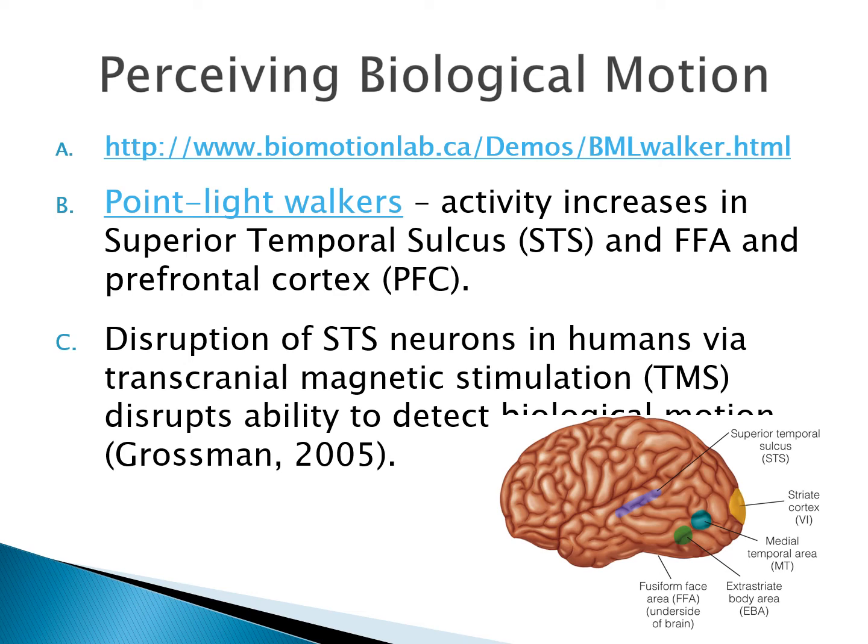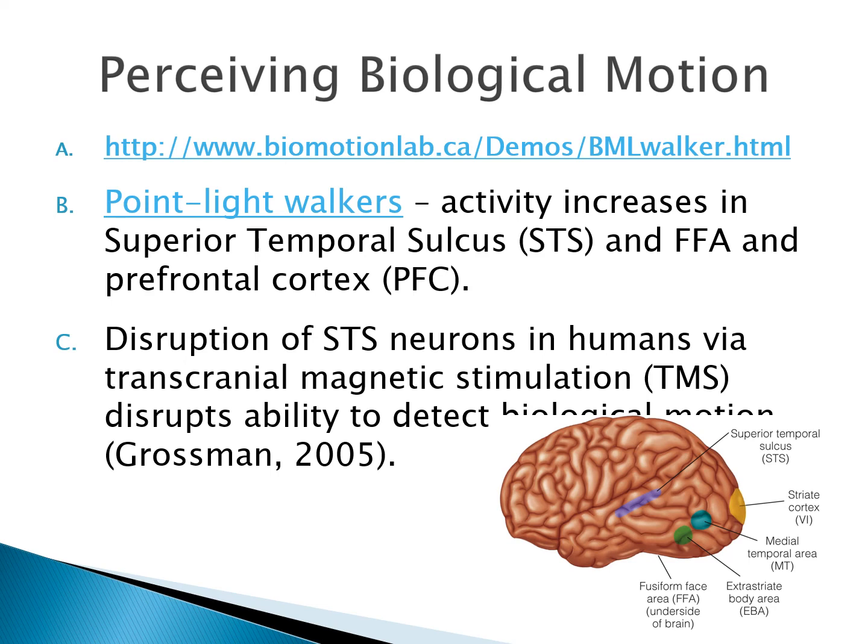This is basically putting a magnetic coil over someone's brain, and we can either stimulate activity in that brain region, or overstimulate activity in that brain region, basically knocking it out or disrupting its ability to help us. So with the disruption of the superior temporal sulcus, this disrupted people's ability to detect biological motion.